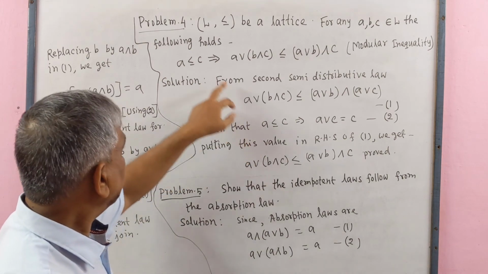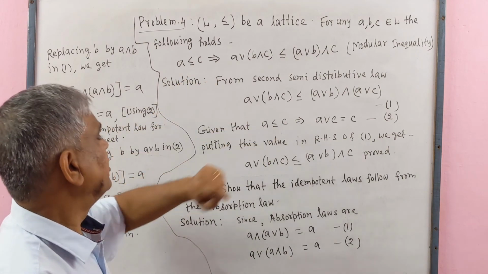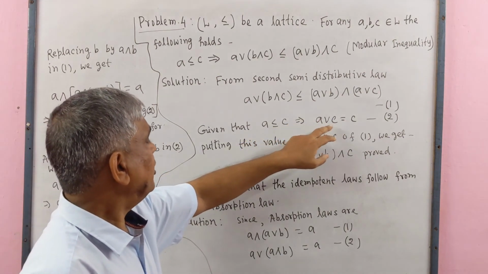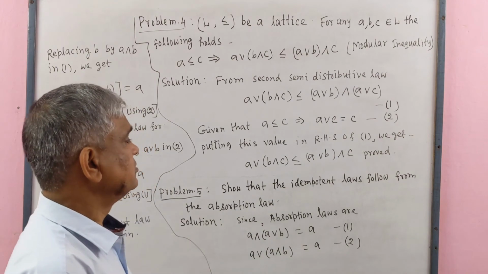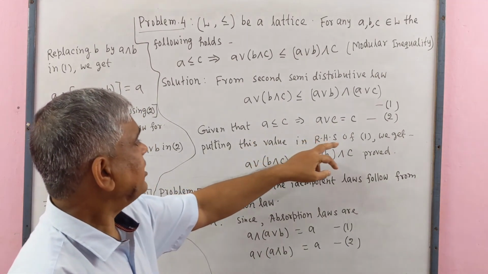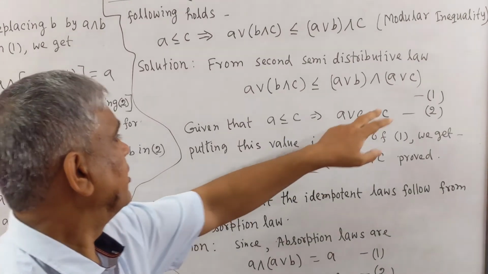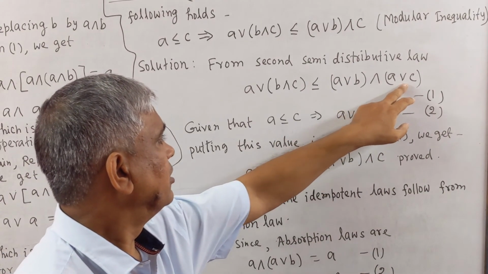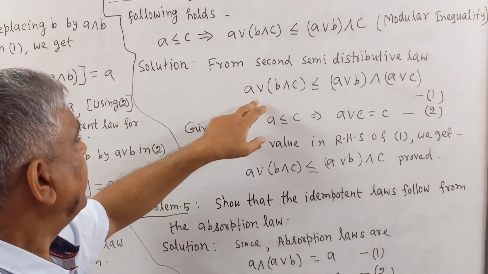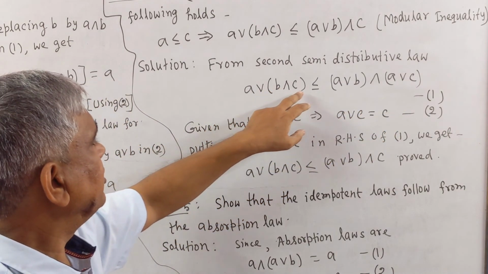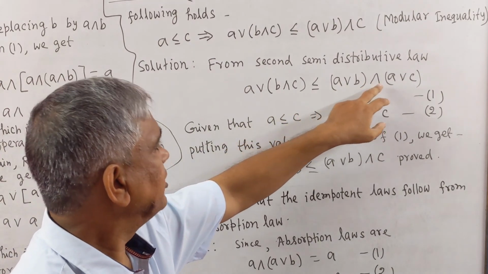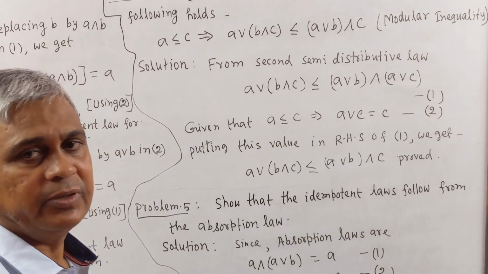Since it is given that A is less than or equal to C, this implies A join C equals C. Putting this value in the right hand side of 1, where A join C equals C, we get A join (B meet C) is less than or equal to (A join B) meet C. Proved.